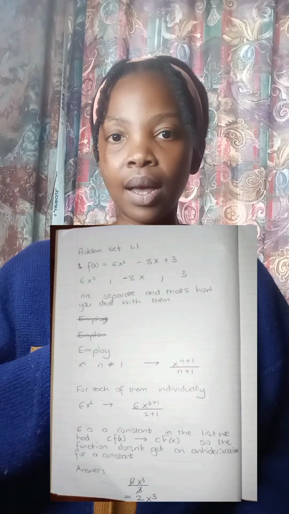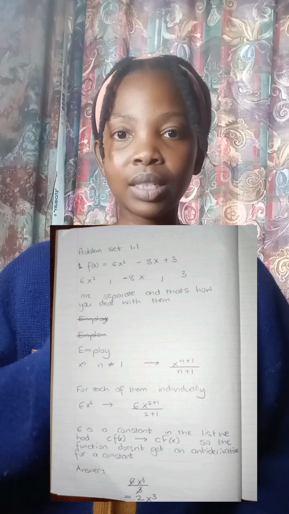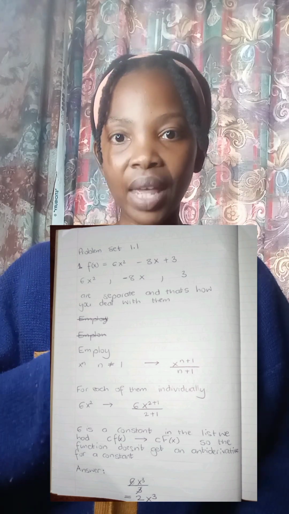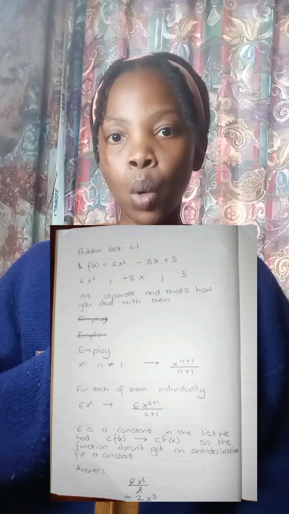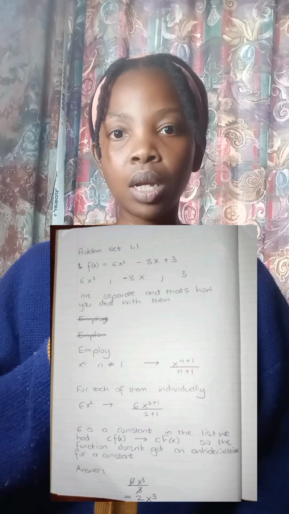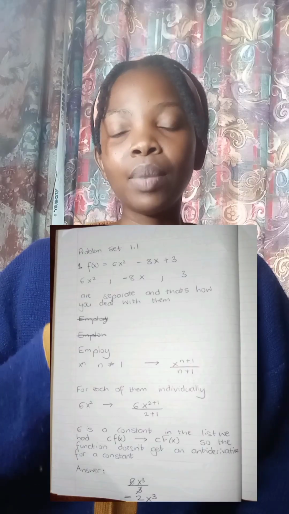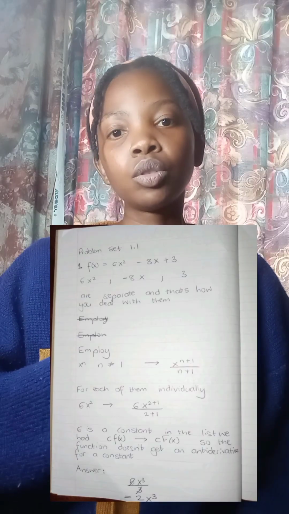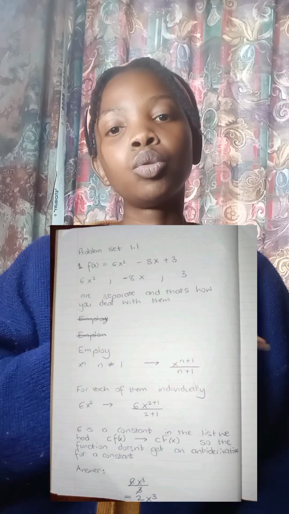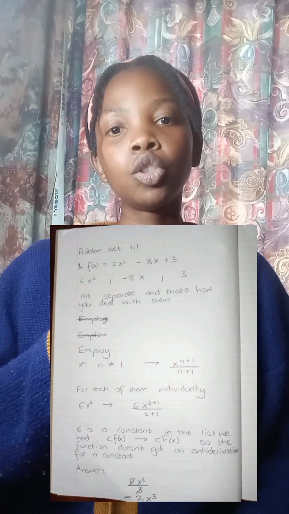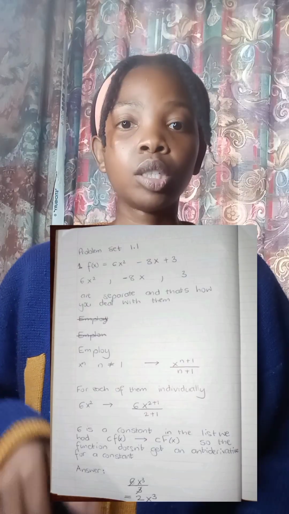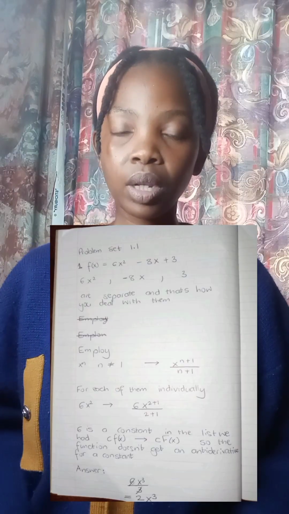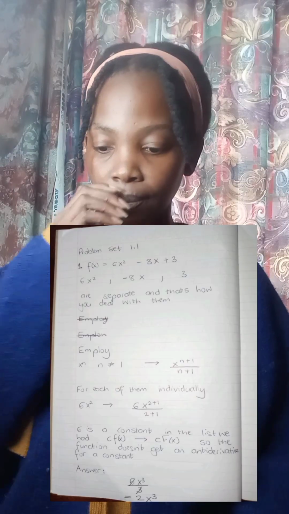If you look at this antiderivative, the integral of x to the power of n is x to the power of n plus 1 over n plus 1. So that n plus 1 should not be equal to 0. So n should not be equal to -1 in order for that fraction to be defined. So that is the basic rule.